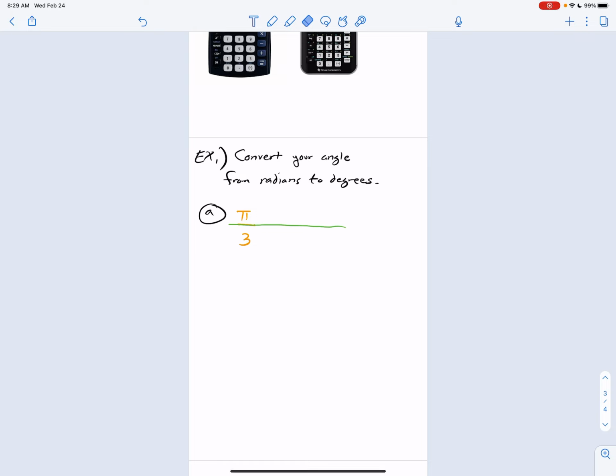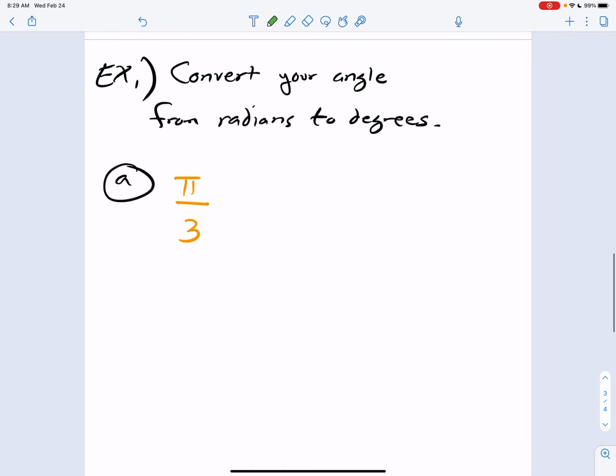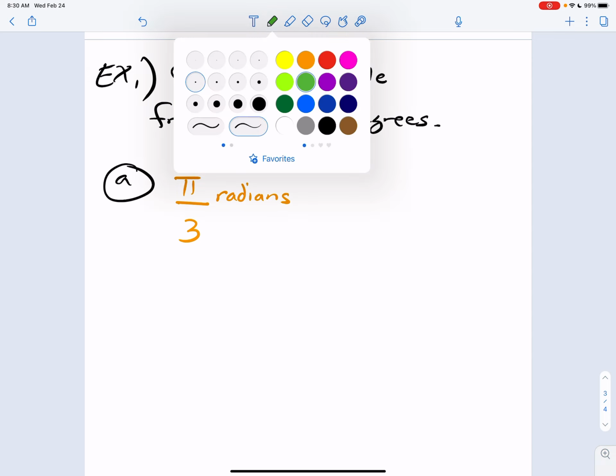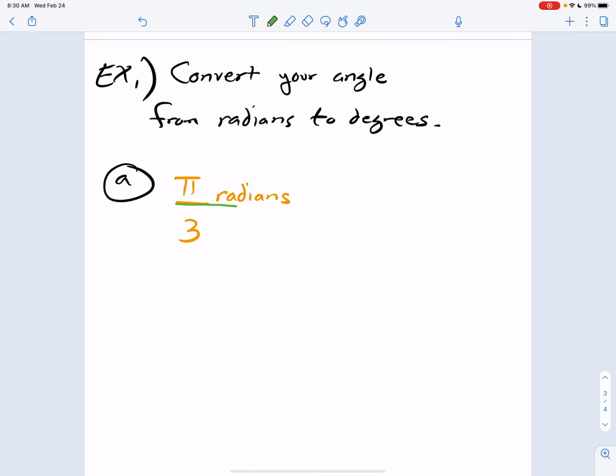Let me fix this real quick. Sometimes you'll see the problem like this, but really what it has there is an invisible radians. Sometimes it's not written, sometimes it is, but it can play either way. It doesn't matter if it's there or not, but I'm going to put it here for this example. We'll do our t-chart here.